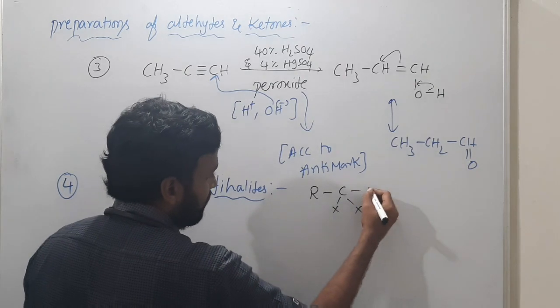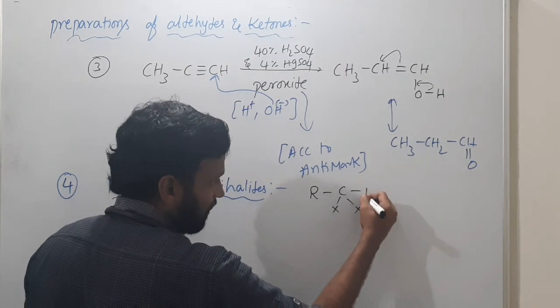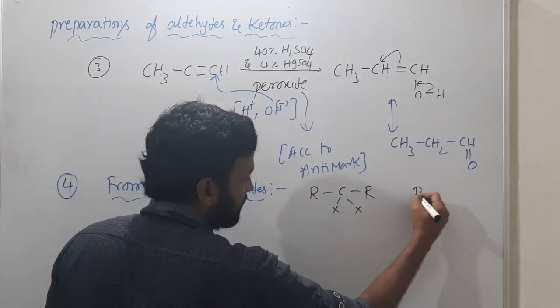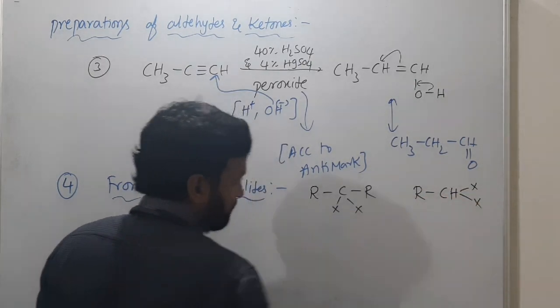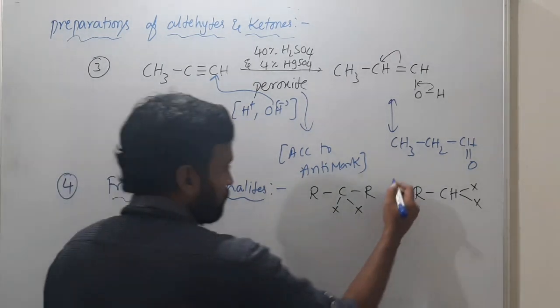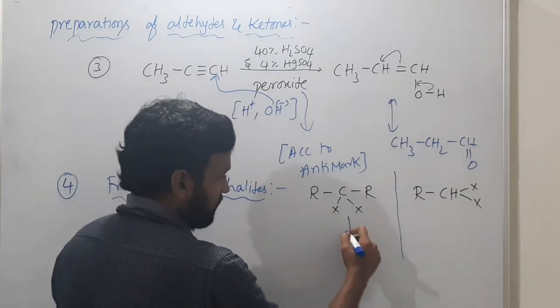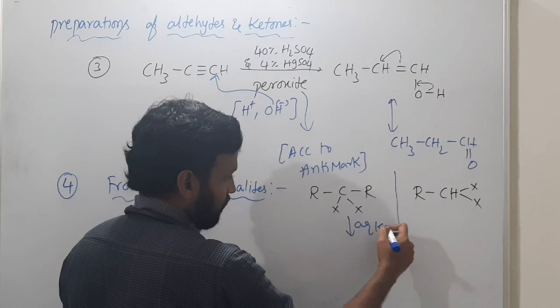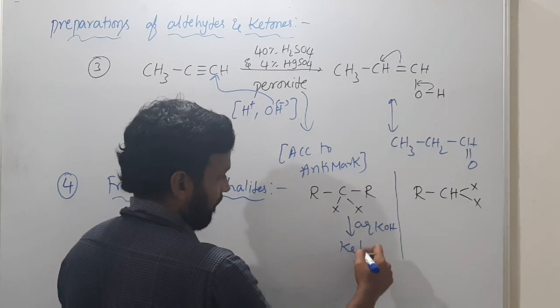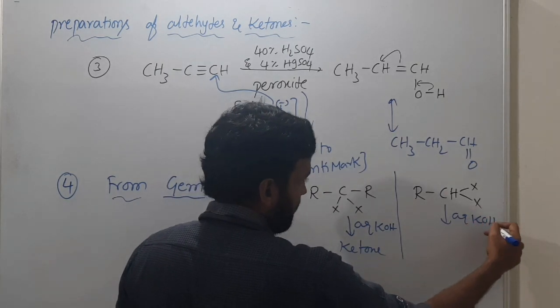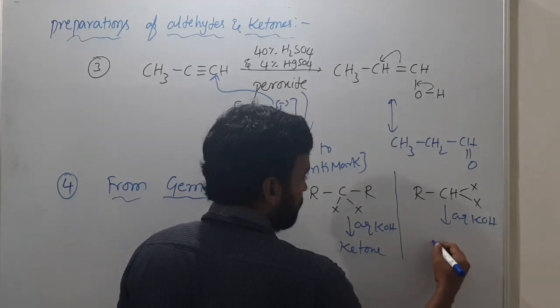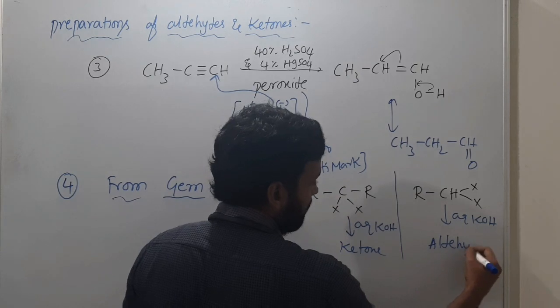RCX and X, two halogens attached to the same carbon. So this, or else RCH and X and X. Why I wrote 2, not mad fellow? This on treating with 2 moles of aqueous KOH gives ketone, and this on treating with aqueous KOH, then you have aldehyde.